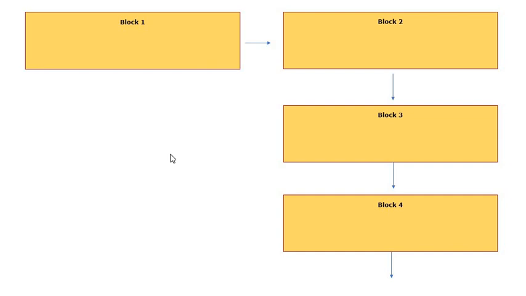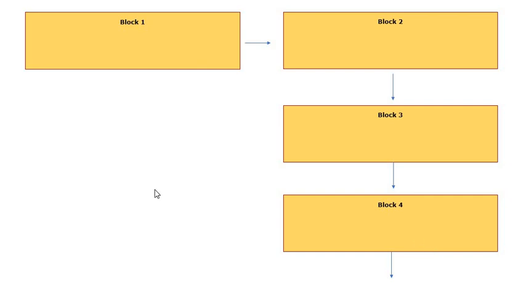But for now you can think of blockchain as a data structure where you have multiple blocks connected to each other. As shown here, block 1 is connected to block 2, block 2 is connected to block 3, 3 is connected to 4 and so on.